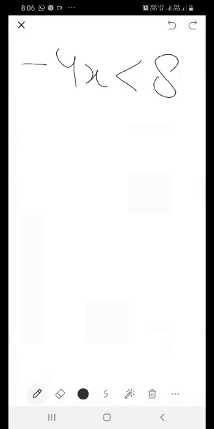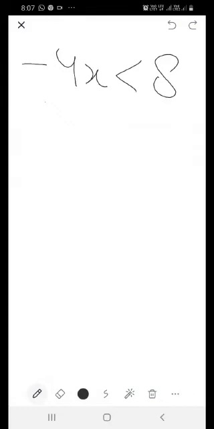A negative sign cannot be taken to the right side as division. First you have to make this minus 4 positive. So in order to make it positive, you have to multiply by minus 1 on both sides.